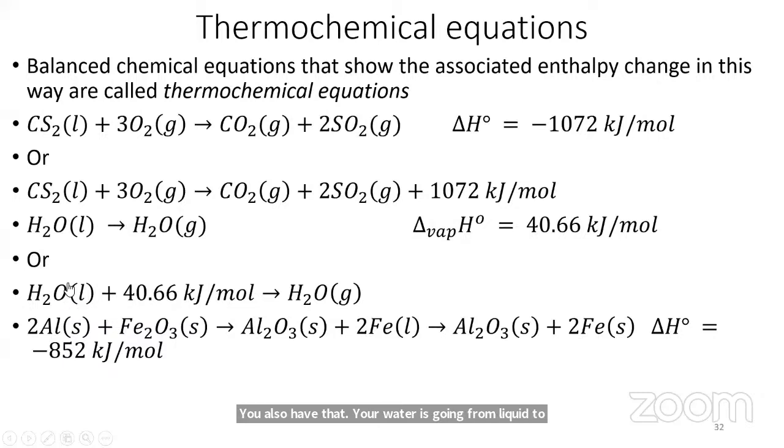And here your water is going from liquid plus energy to give you your gaseous form. So this is actually your endothermic. And because this is added, so we expect this to be exothermic. So you have here your aluminum plus your iron oxide to give you this equation. And this is actually an exothermic reaction.